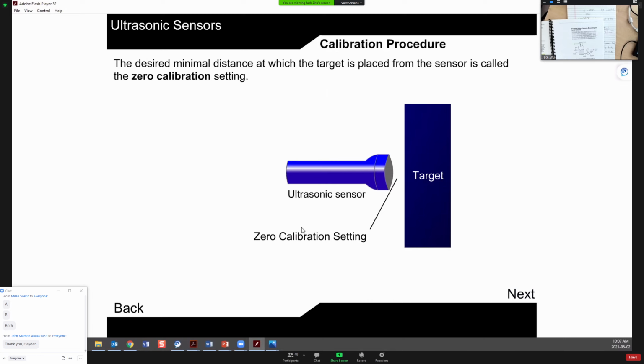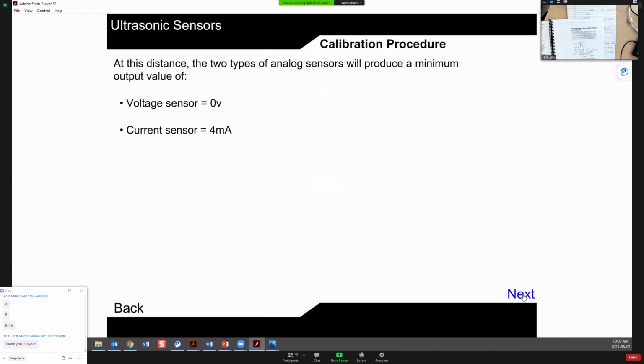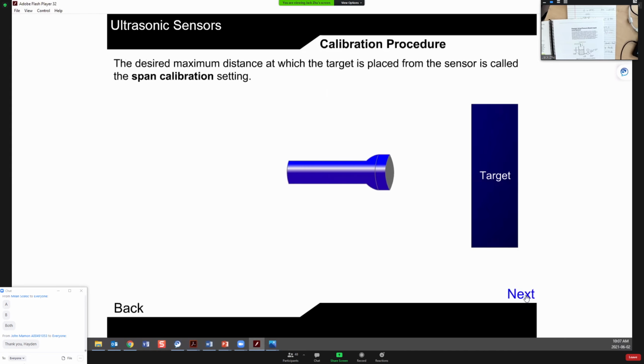So for an ultrasonic sensor, you always have to do a calibration. You want to know the maximum distance you want to detect and the minimum distance you want to detect. You have to set those up with either a voltage signal of 0 to 10 volts or a current signal of 4 to 20 milliamps.